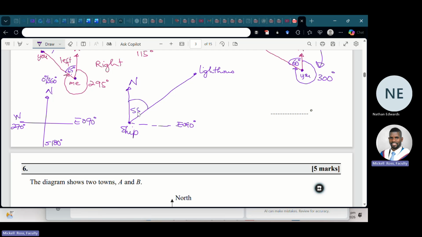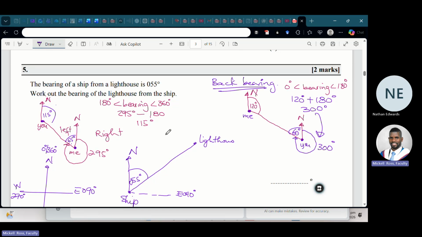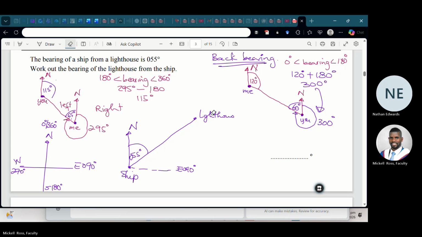So this is where the bearing would be. All right, now it says work out the bearing of the lighthouse from the ship. Wait, no, the bearing of a ship from a lighthouse. You have them in the wrong place.